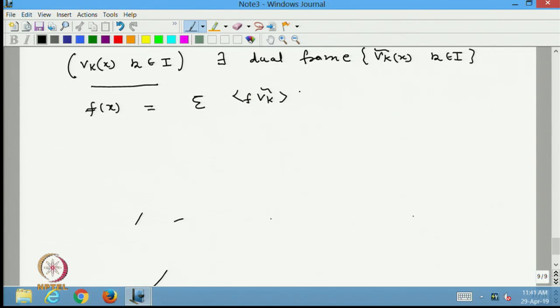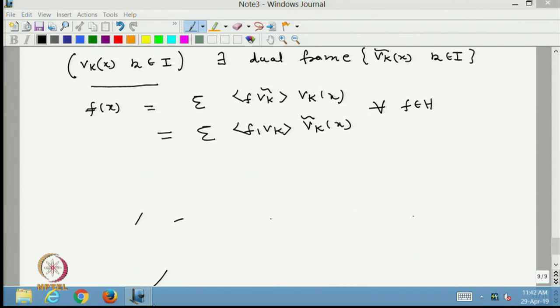So, in this case, I can write this, or this can also be written like, for all f belongs to H. If the frames are a linearly independent set for H, then the frames basically give a Riesz basis.